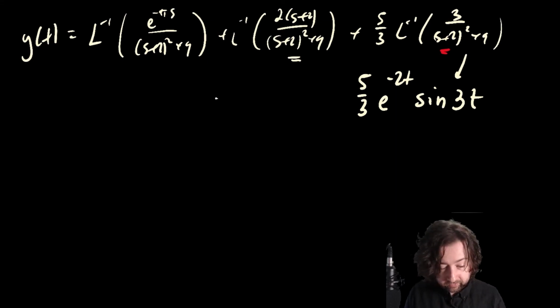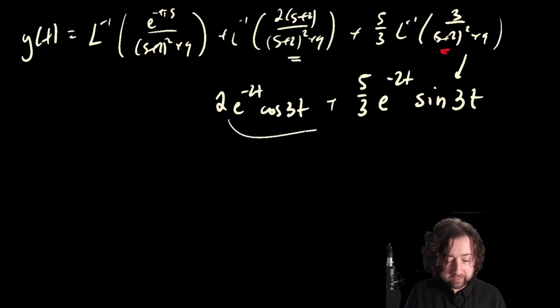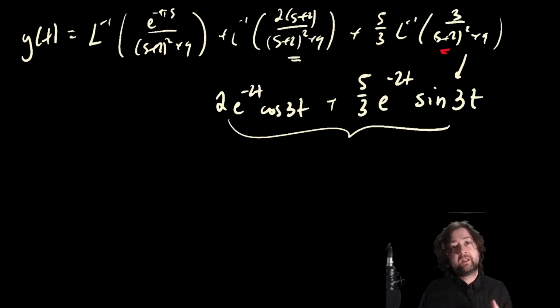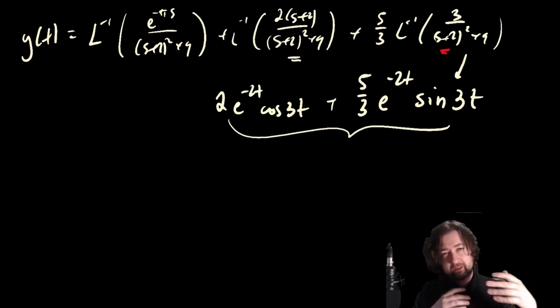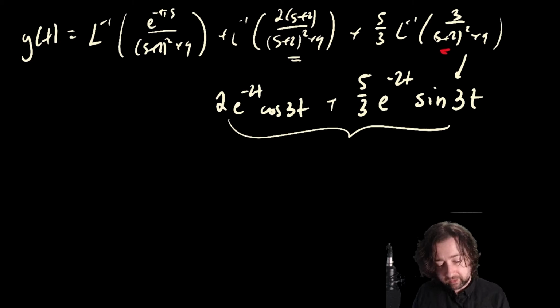So this one is equal to 2e to the minus 2t times the cosine of 3t. So you can think of this part as corresponding to the state of the system prior to the introduction of the shock. It's sort of the base operation of the system incorporating the initial conditions. This term is going to be the term that introduces the shock to the answer.